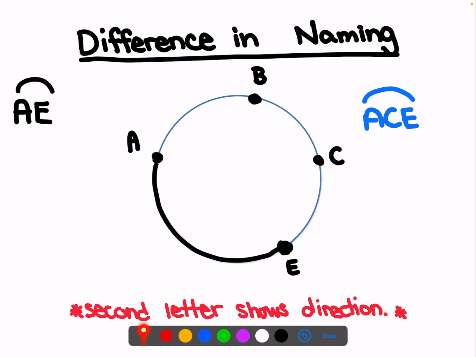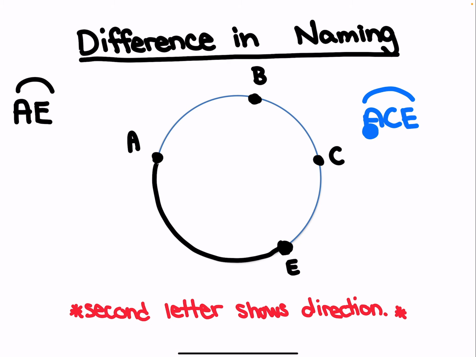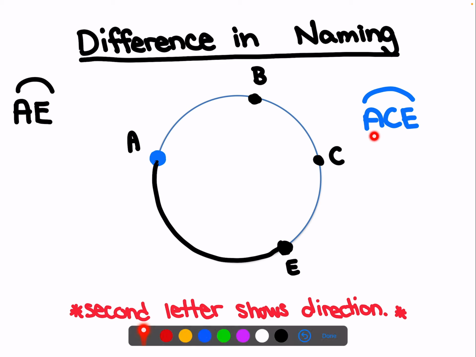As for arc ACE, again, we're going to start at our first letter, so I start at A. I move towards point C, so I'm traveling around the circle towards point C first, and then I'll end at E. Let's see what happens if I travel this direction.